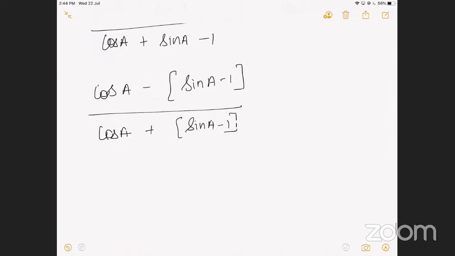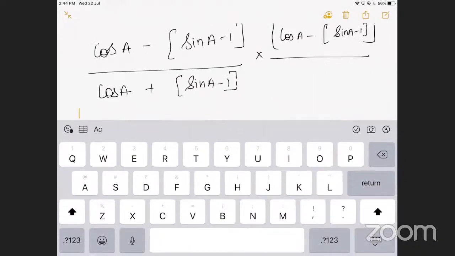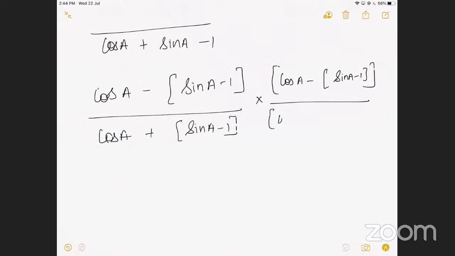So if we rationalize the denominator, we multiply and divide with cos A minus sin A minus 1, and again cos A minus sin A minus 1.